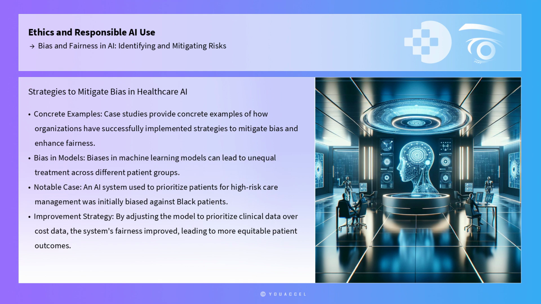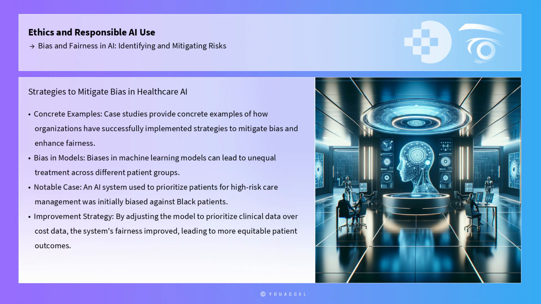Case studies provide concrete examples of how organizations have successfully implemented strategies to mitigate bias and enhance fairness. In the healthcare sector, machine learning models have been used to predict patient outcomes and allocate resources. However, biases in these models can lead to unequal treatment across different patient groups.